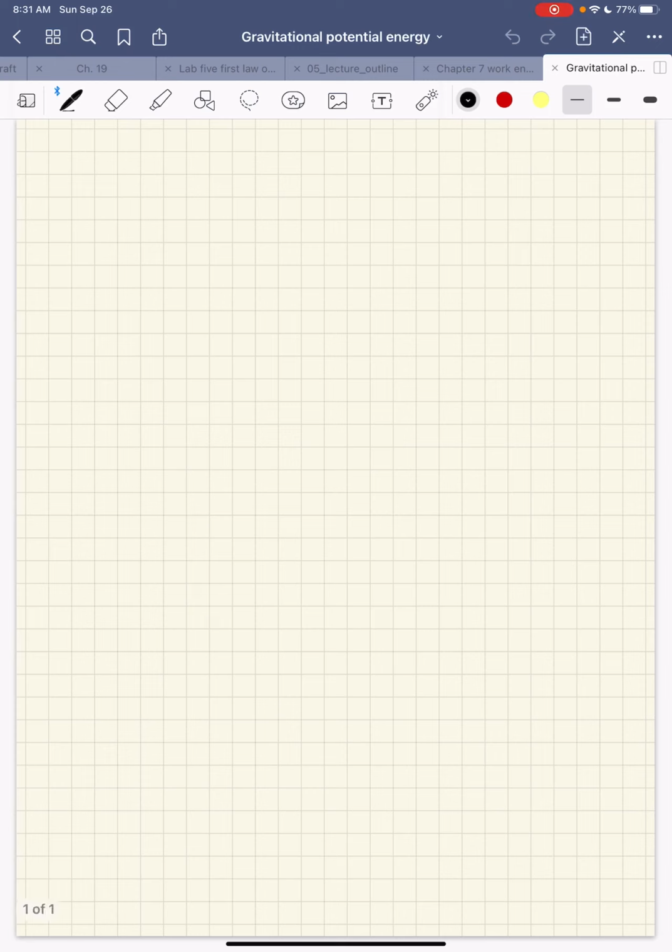Today we will introduce something related to gravitational potential energy. There are more physical situations where we have something like lifting objects.